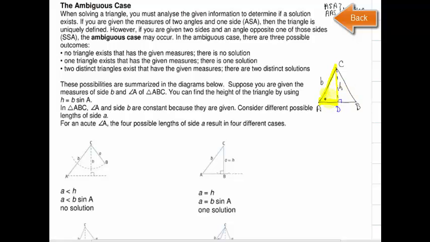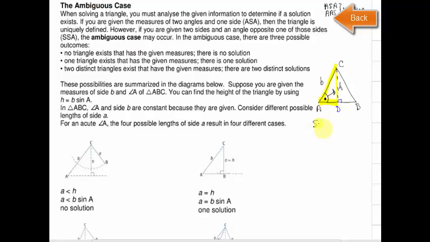So if I'm given angle A, then the side opposite to angle A is side H. And for triangle ACD, the hypotenuse is B. So if I want to come up with an expression that uses angle A, H, and B, I'm looking at sine, right? Because H is opposite A and I have the hypotenuse.